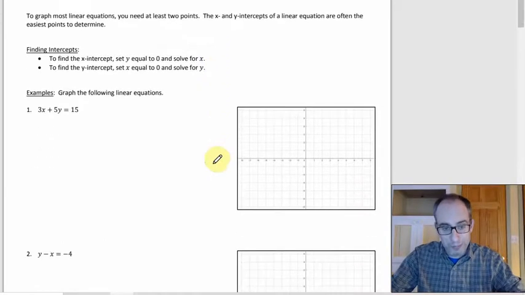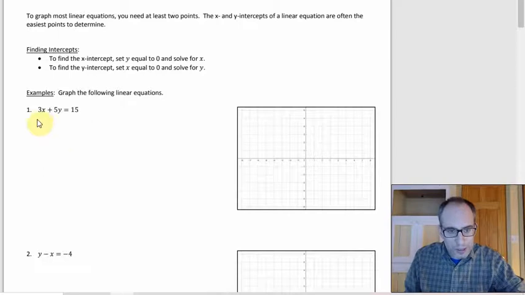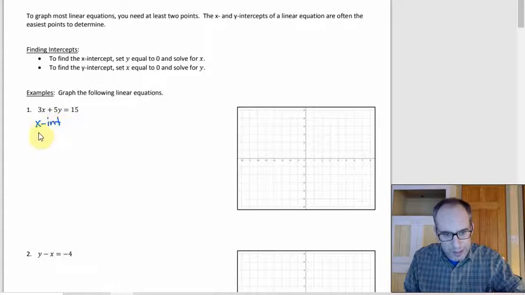All right, so to get the intercepts here, I'm just going to get the x and y intercepts because this is written in standard form, and I think that'll be the easiest thing to do. For the x-intercept, I'm going to set y equal to 0. Then I'd have 3x plus 5 times 0 equals 15.